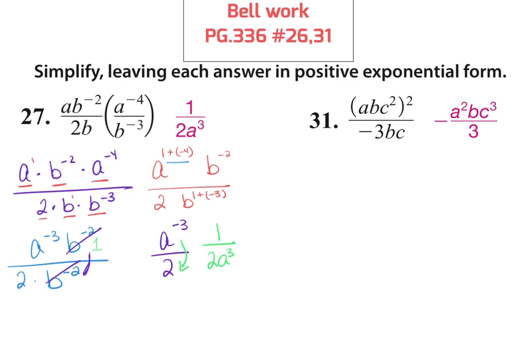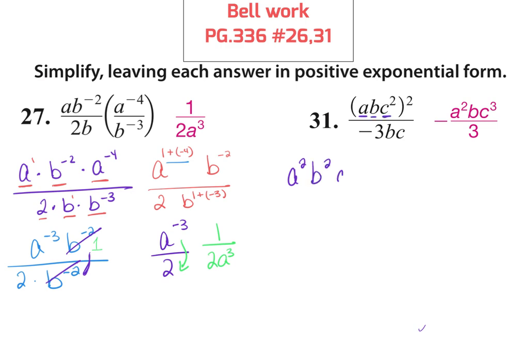So for 31, I'm still going to simplify the top and the bottom individually. If you look at the top here, though, it is a group to a power. So I cannot do top to bottom yet anyway, because I have to deal with this whole group taken to a power. And so I'm going to take each of the pieces to that power. I'm going to say a to the second power. I'm going to say b to the second power.